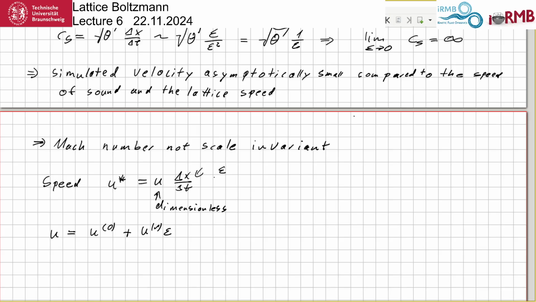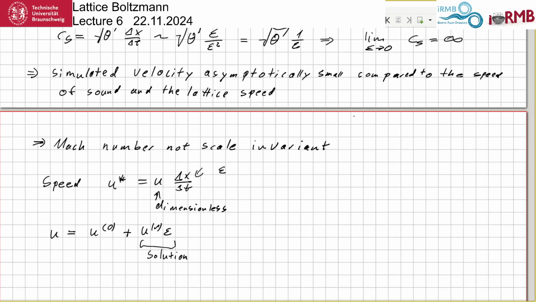So this means that we have nothing in the zero part, but we have the solution in the first part. This is something that does not happen in other numerical methods usually. It means that even our solution scales.